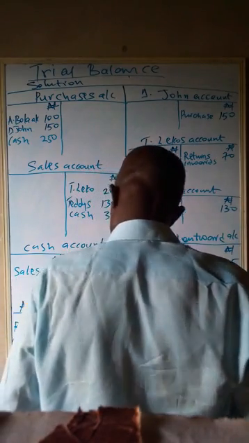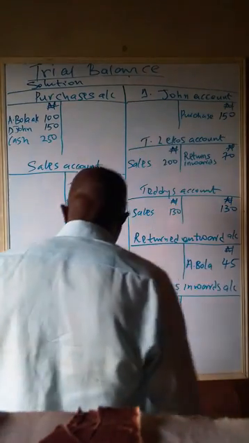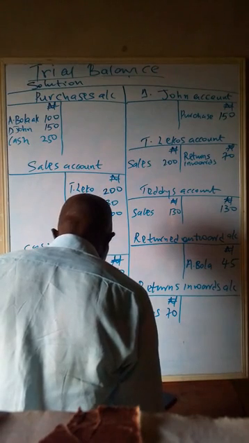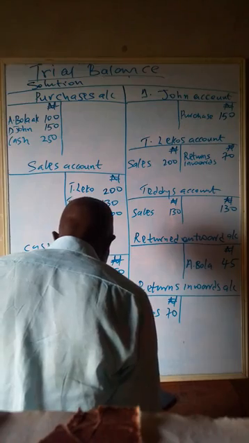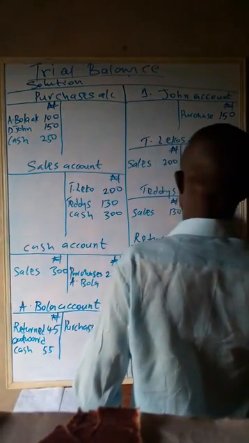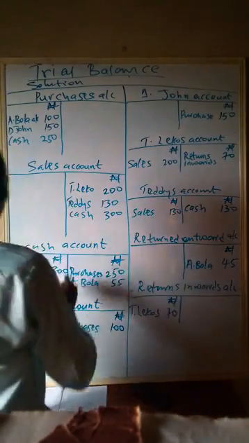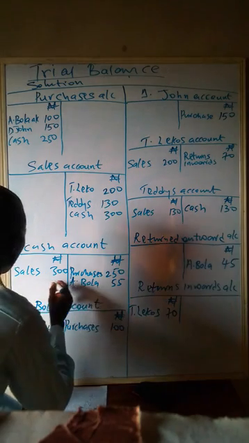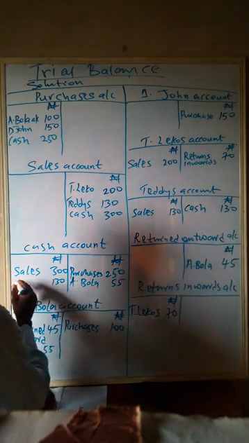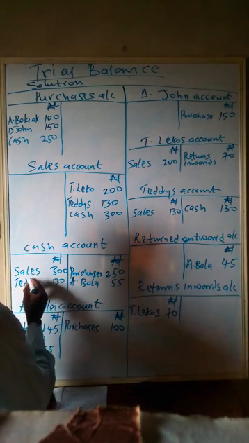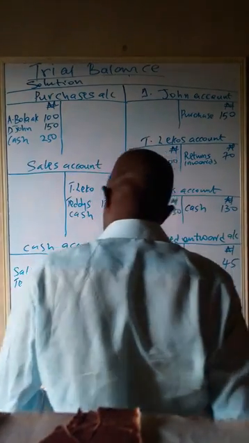So that is cash account. Cash is receiving. When cash is receiving, you debit 130, and from where? From Teddy's account.